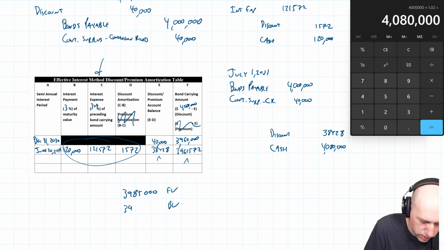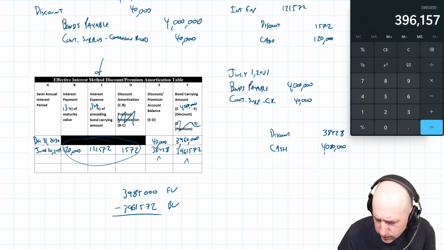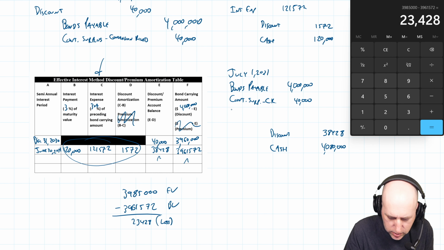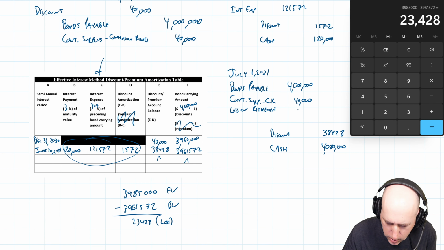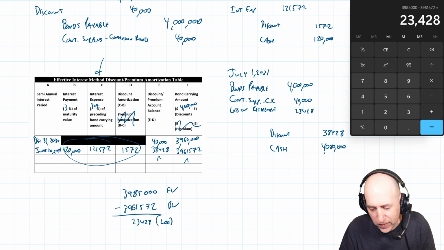The book value, $3,961,572. We're going to subtract the two: $3,985,000 minus $3,961,572 is $23,428. That's a loss on retirement. So let's debit that. Loss on retirement, $23,428.